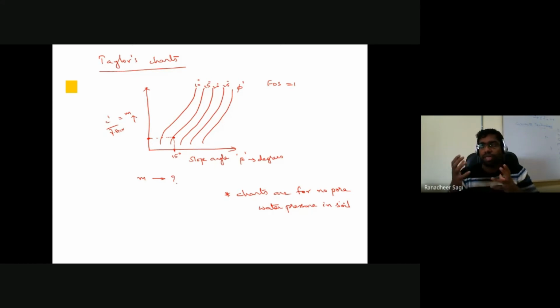One can make use of those different charts for analyzing a given slope. Which chart to use depends on the accuracy of the analysis you are carrying out. In some analyses, they consider your interslice forces.